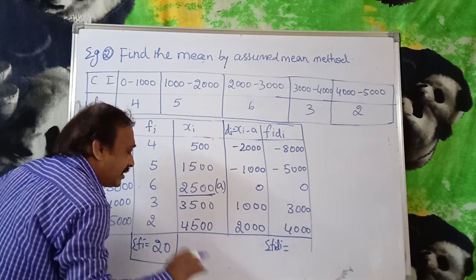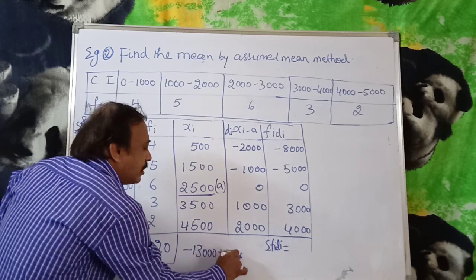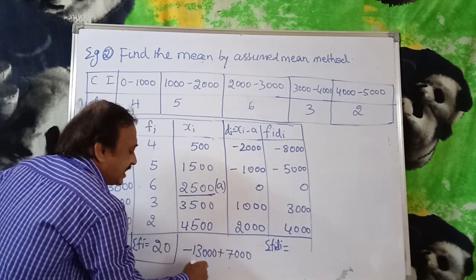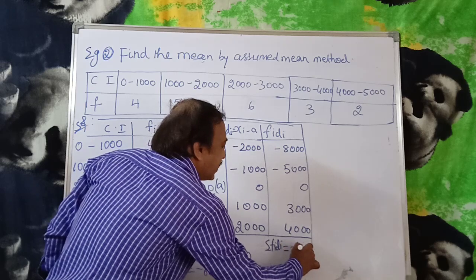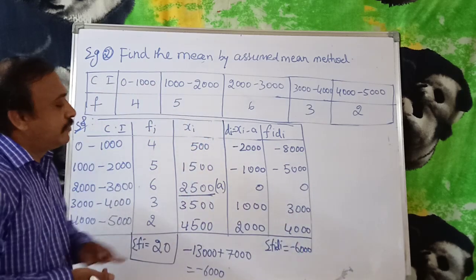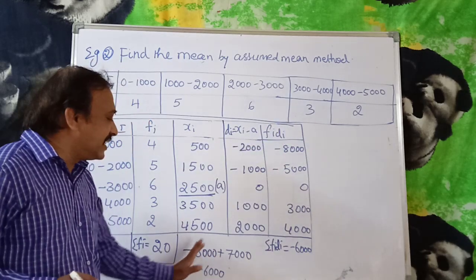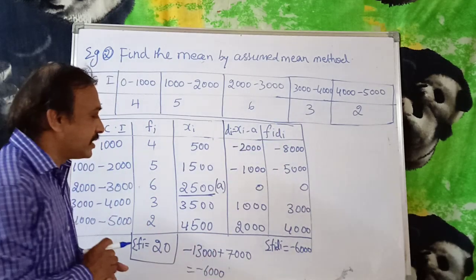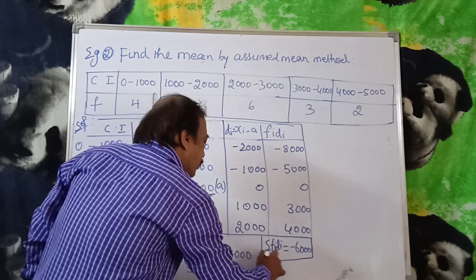Minus 13,000 plus 7,000 will give you minus 6,000. 4 plus 3, this is 7,000 and this is 13,000. So minus 13,000 plus 7,000 is minus 6,000. Sigma fi di value we obtained is minus 6,000.